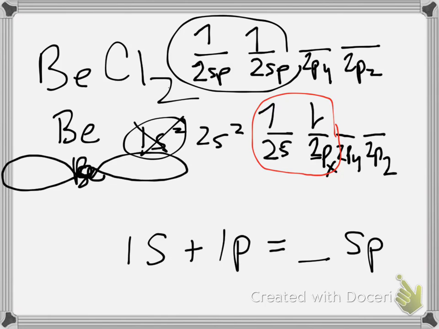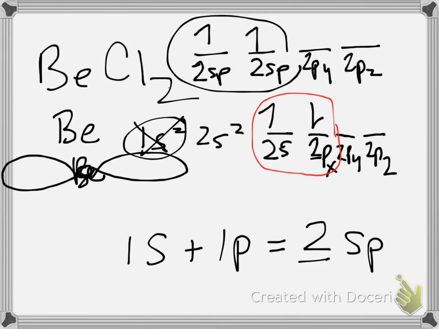I should say you have one s orbital. It's actually the 2s orbital in this case. Do you understand? Is that clear? Okay. So you get two sp orbitals, and they're equal. Is it making more sense or less sense?